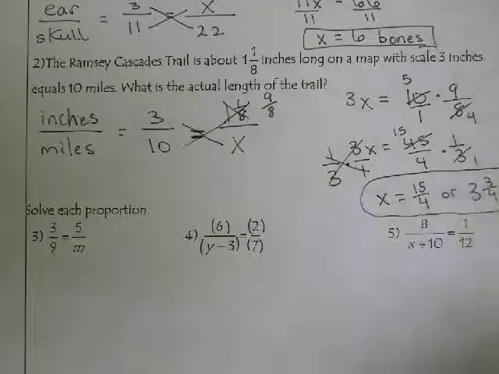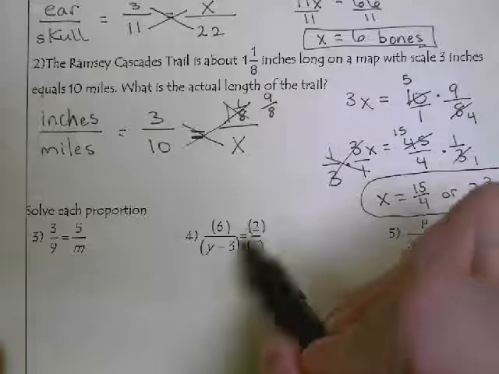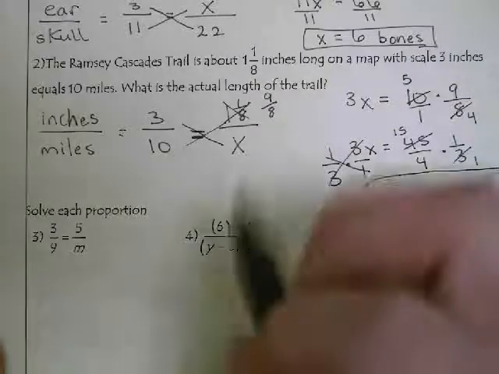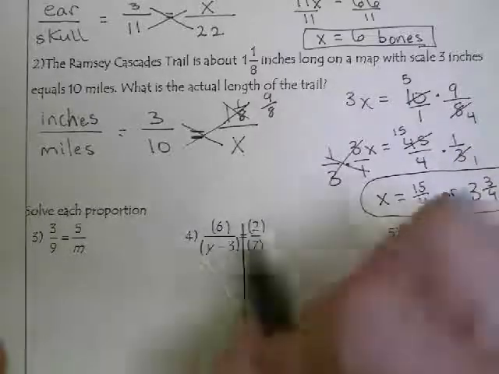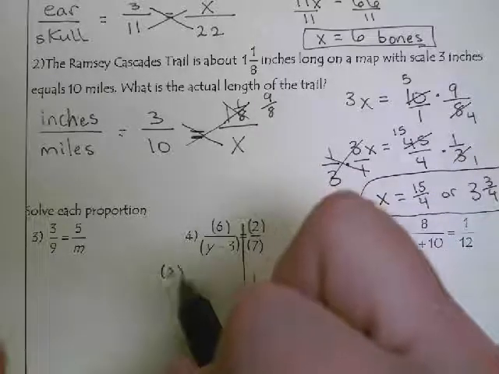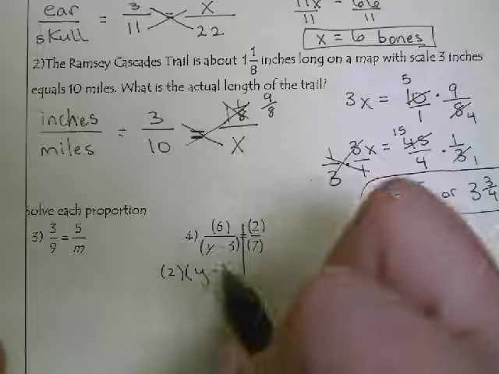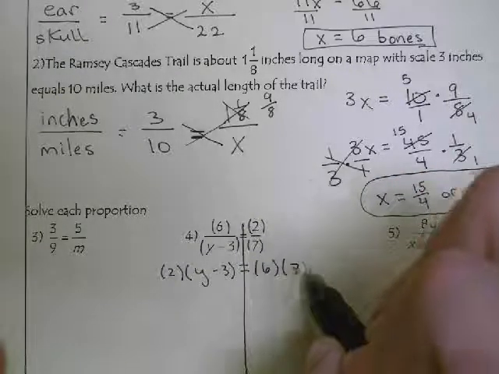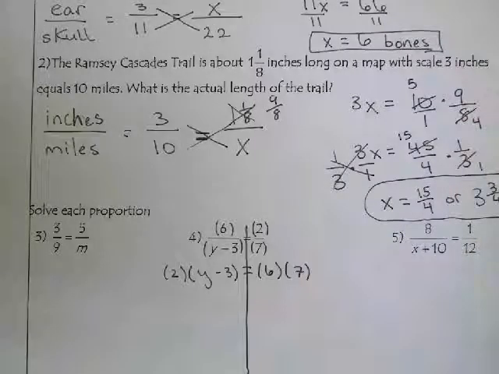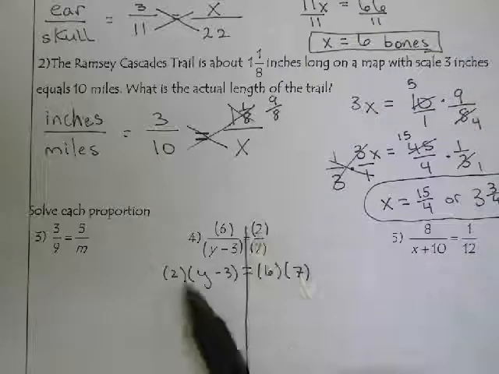Now we're ready to find our cross product. Because if I keep these parentheses when I write my cross product down, we'll see how this is going to unfold. So I'll have 2 times (y minus 3) is equal to 6 times 7. Now I hope you're seeing the value in the parentheses right here.